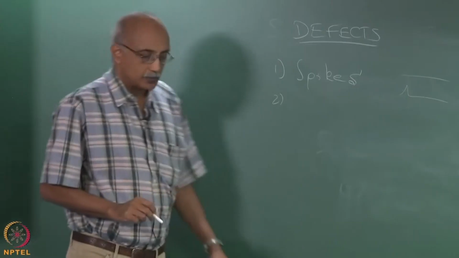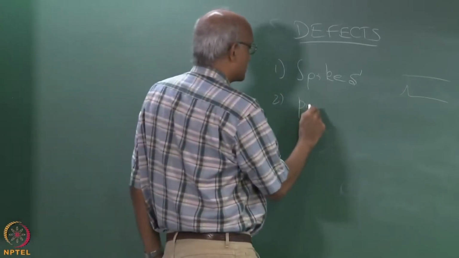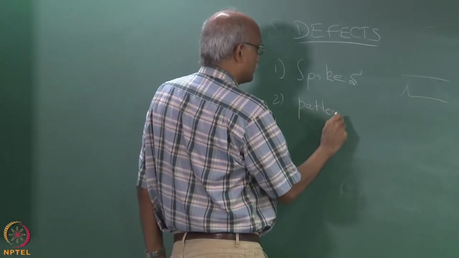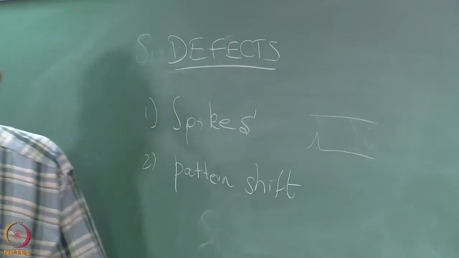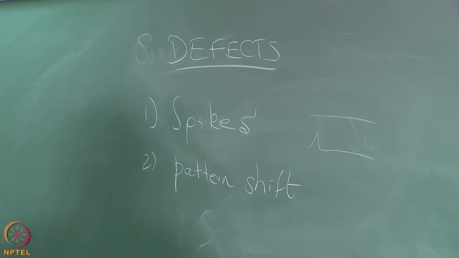The second type of defect is known as pattern shift. A pattern shift happens when the crystallinity itself is affected.